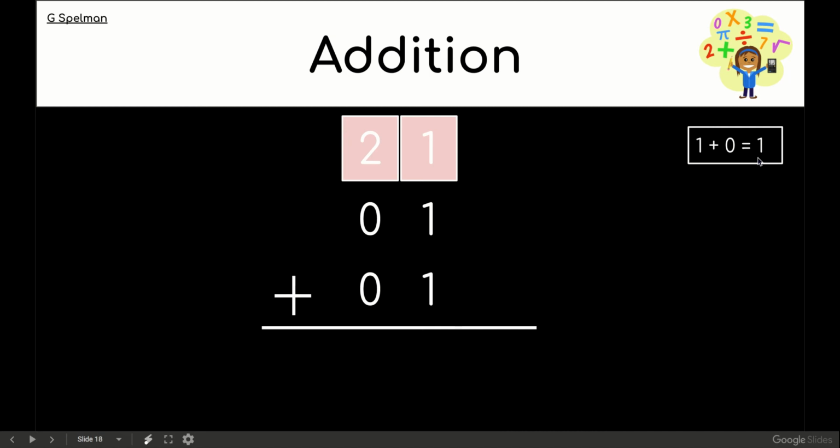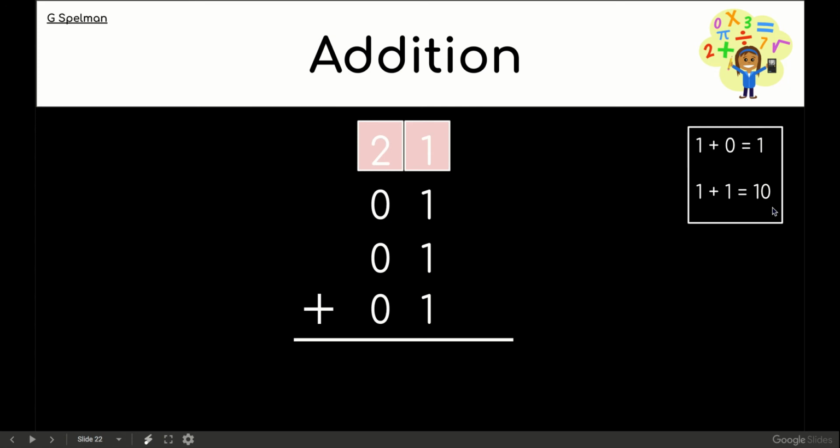And now if we add 1 and 1 together in binary, 1 plus 1 is 2, but we know that is 1, 0. So that would be 0 carry 1. And then 0 plus 0 plus 1 is 1. So we have learned that 1 plus 1 is 1, 0.